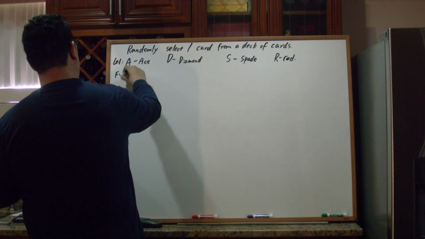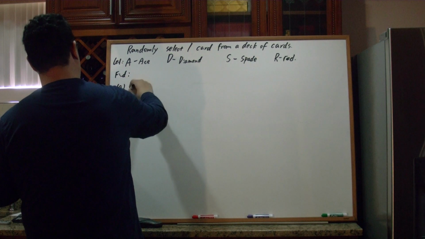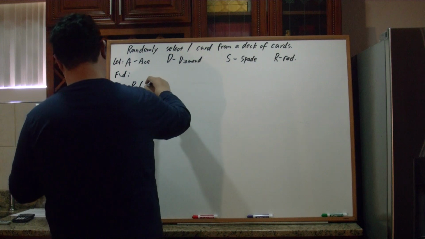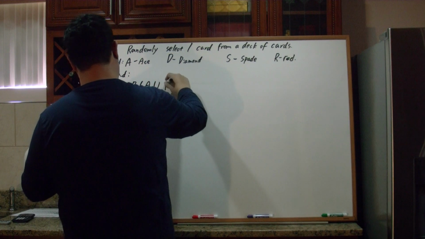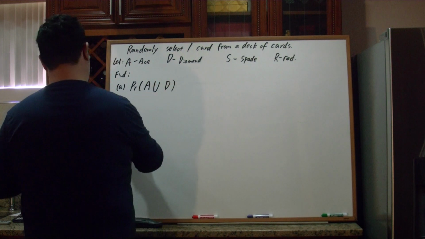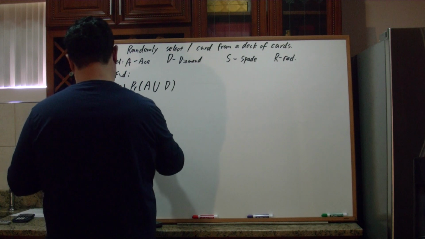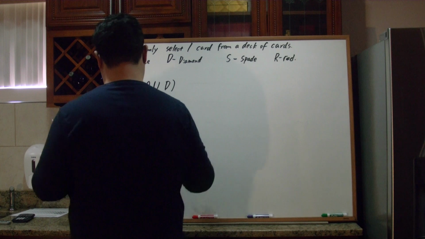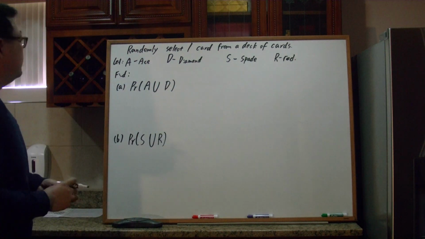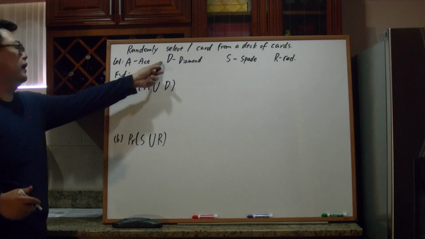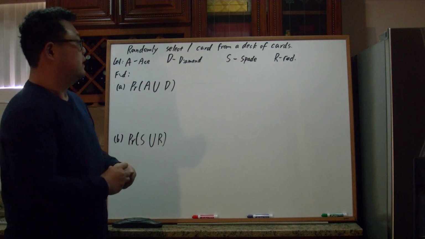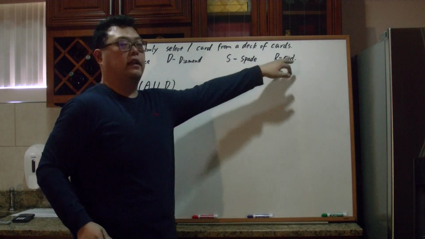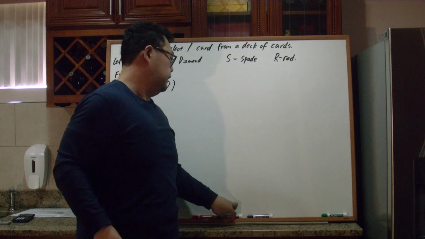So find the probability that the selected card is an ace or is a diamond card. Probability the selected card is an ace, spade, or a red card. Right, the selected card is an ace. The selected card is a diamond. The selected card is a spade. The selected card is red.